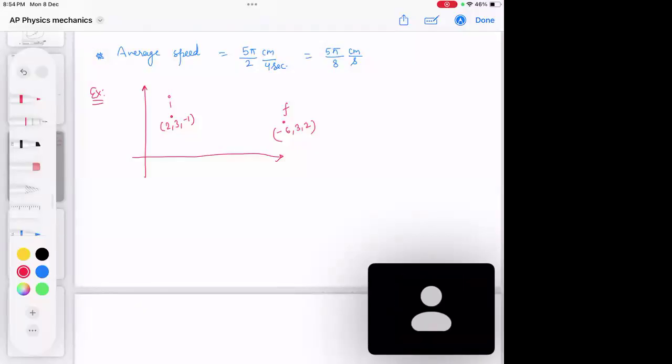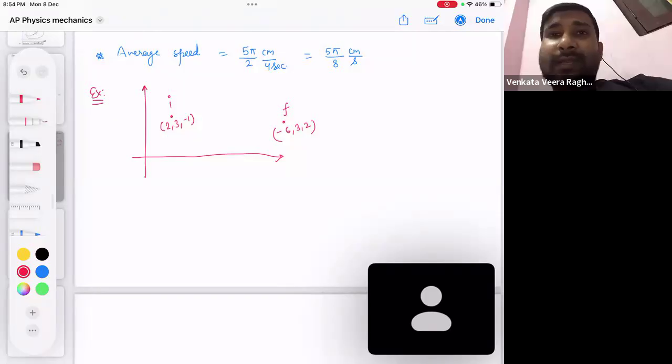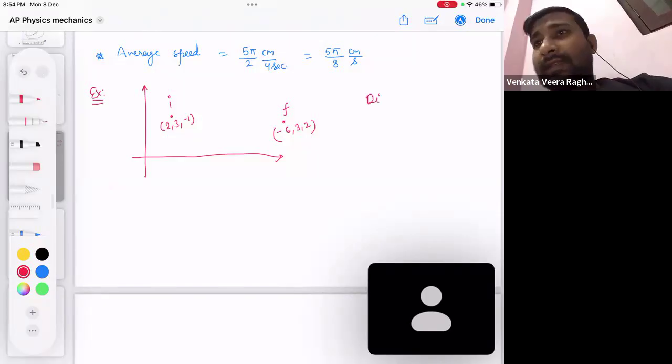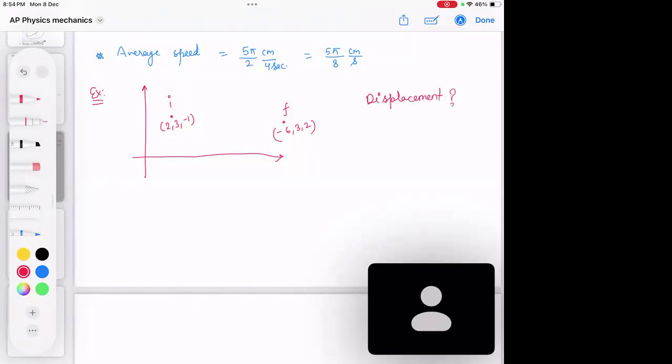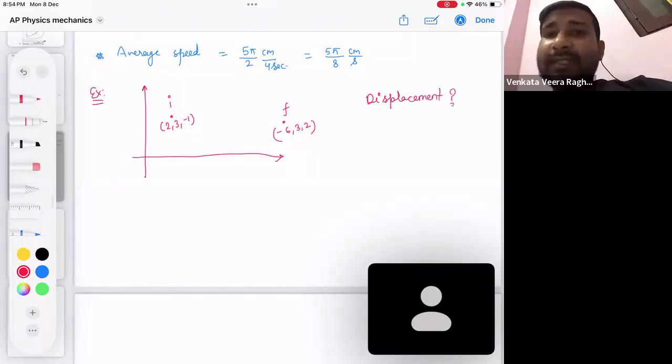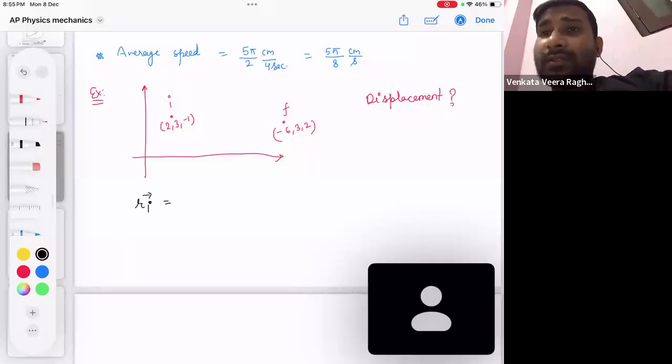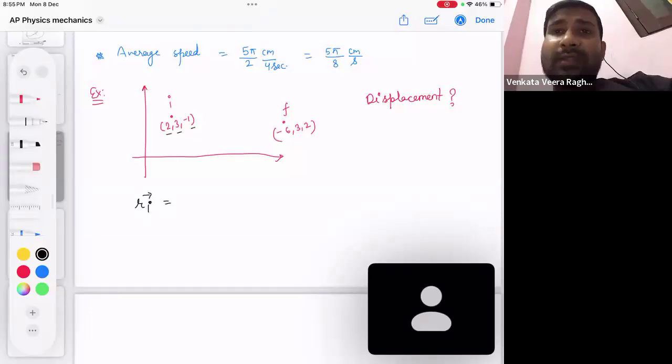How? Tell me. So here, if I want the displacement, what we should do is first find out the initial position vector. The coordinate is given. Can I convert the coordinate into vector form? So 2, 3, minus 1.